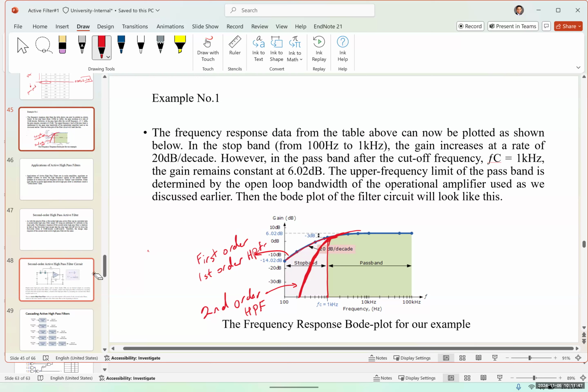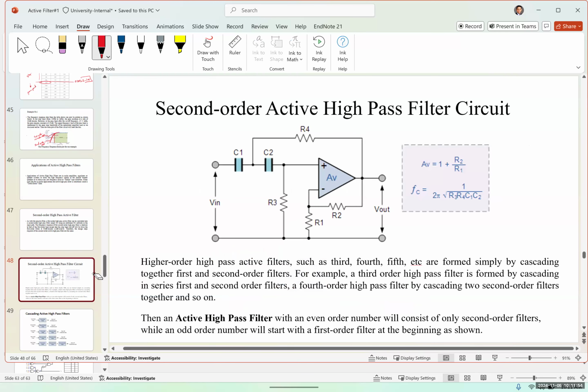But second order is commonly used. And the way that we build a second order is by simply adding another passive filter or an RC filter to the first order. Or we can cascade two first order filters and create a second order filter. For a second order active high pass filter, the gain AV is going to be 1 plus R2 over R1, which is the same as the first order for a non-inverting amplifier.